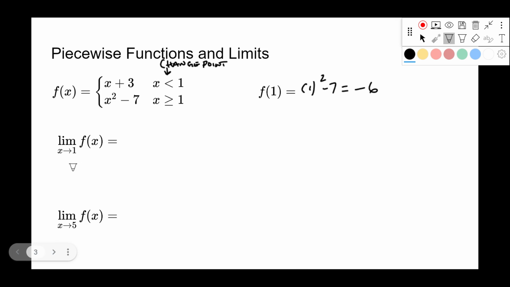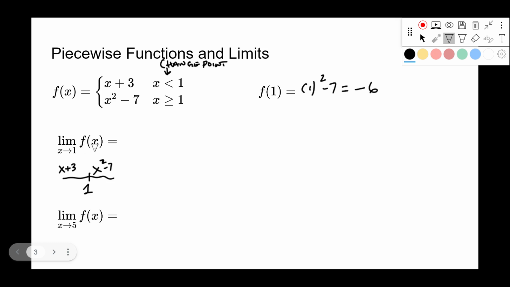But now let's make it a little bit more interesting. Let's calculate the limit as x approaches 1 of f of x. Now the problem with finding the limit as x approaches 1 of f of x is that 1 is where the function changes from one piece to the other. If you look at your little number line here, here's 1. On the left side of 1, if x is less than 1, you're on the piece x plus 3. But if you're on the right side, you're on x squared minus 7. So the issue is, how would you calculate the limit as x approaches 1?